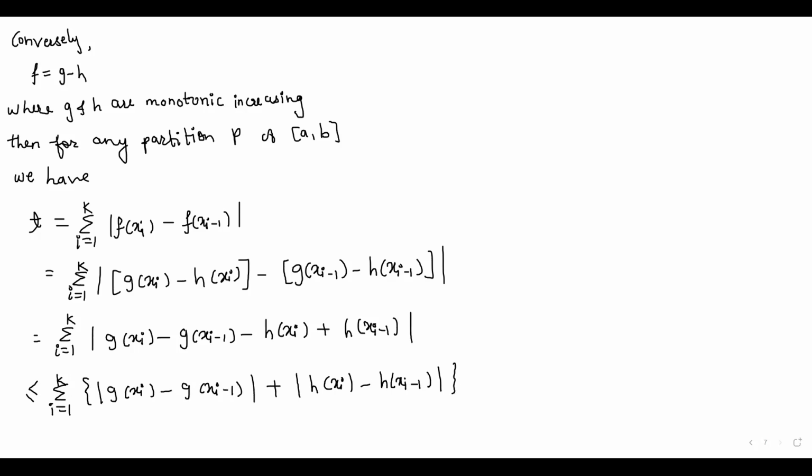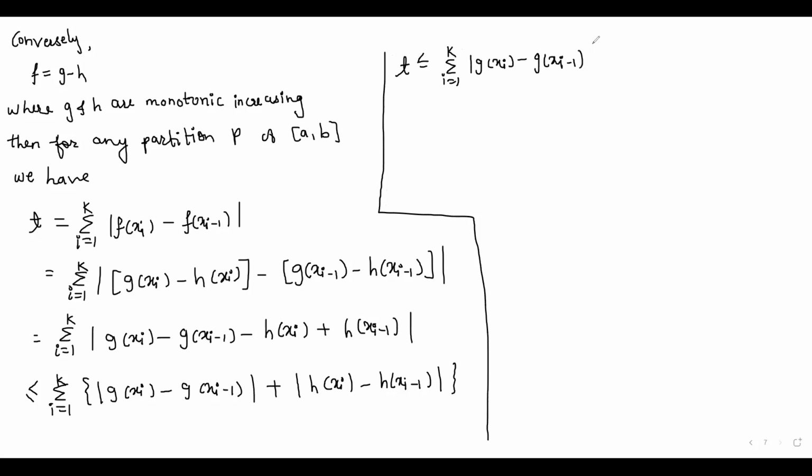Now separating this summation, we get T is less than or equals to summation i from 1 to k mod of g of xi minus g of xi minus 1 plus summation i from 1 to k mod of h of xi minus h of xi minus 1.